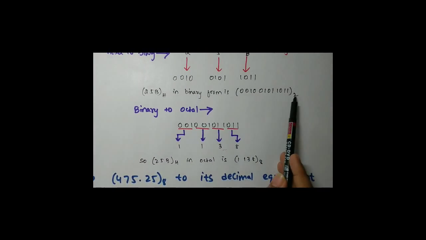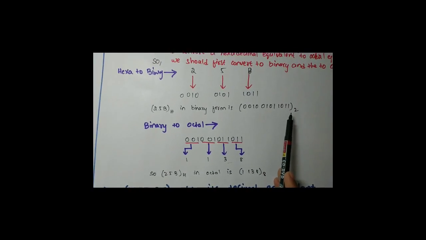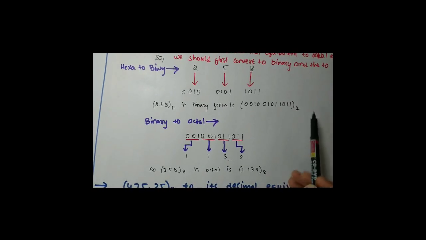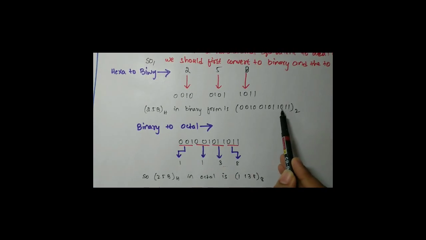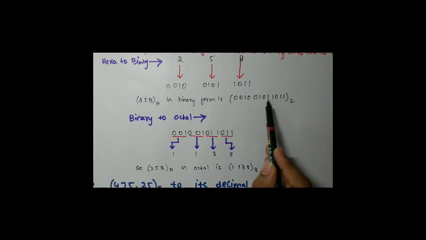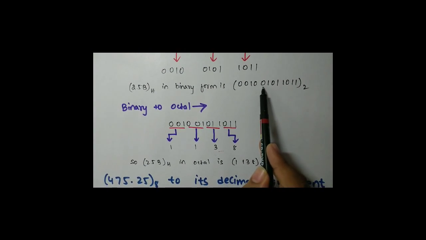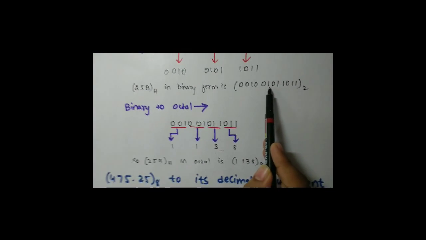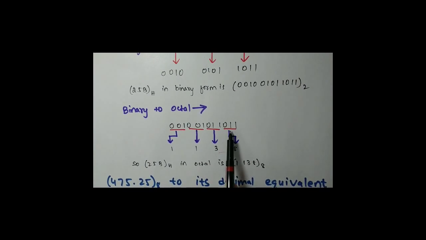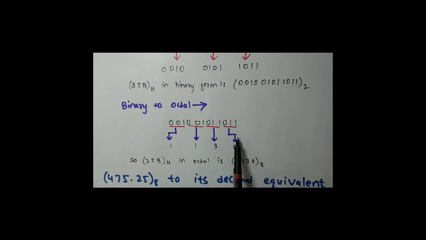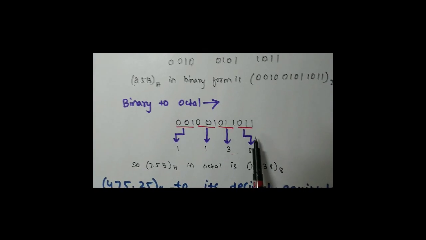After converting to binary, we now have to convert it to octal. While converting to octal, we take 3 bits at a time from right to left, as one set: 011, 011, 001, 001.